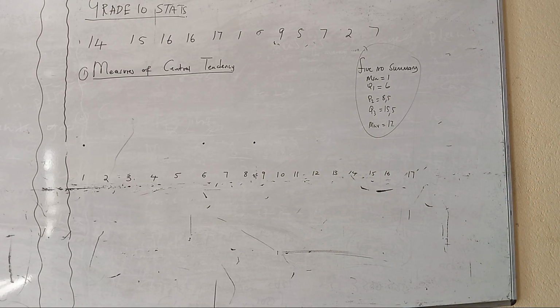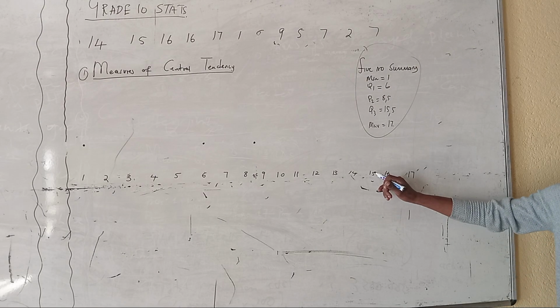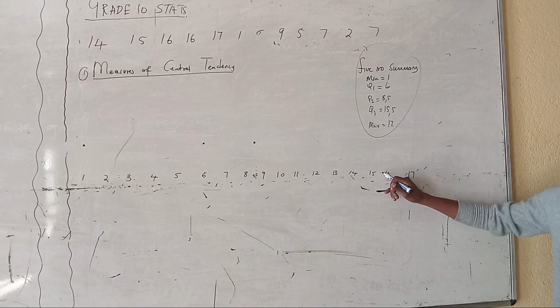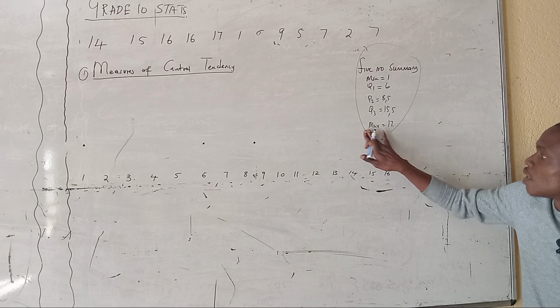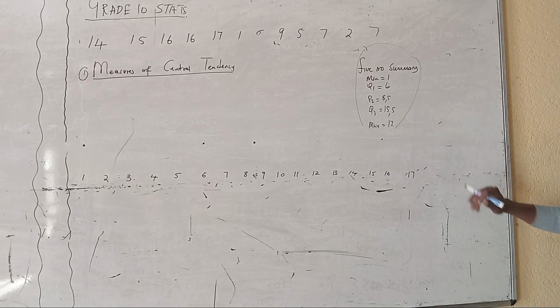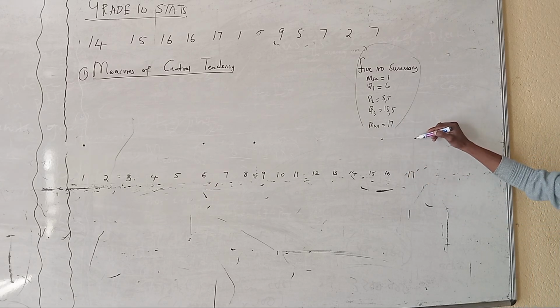And then Q3, the upper quartile, is 15,5, between 15 and 16. And then the maximum value is 17.